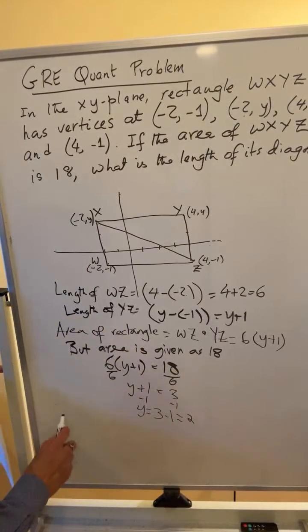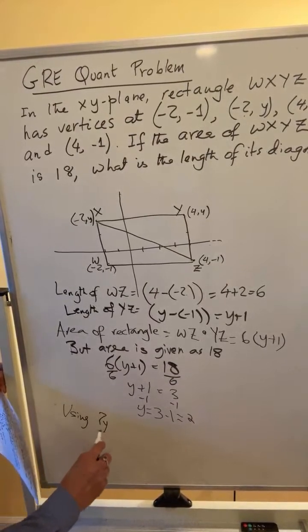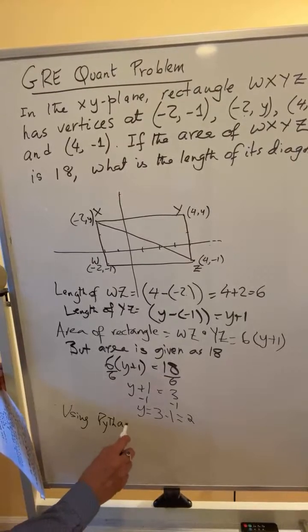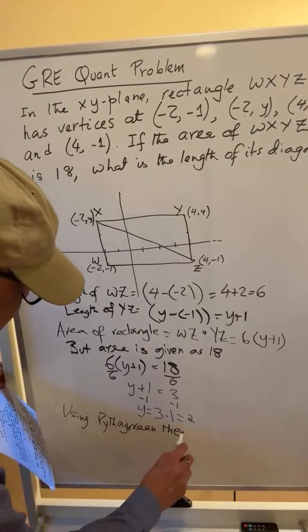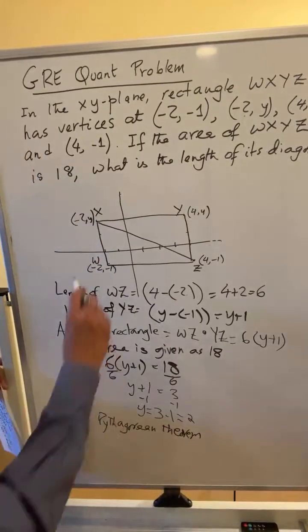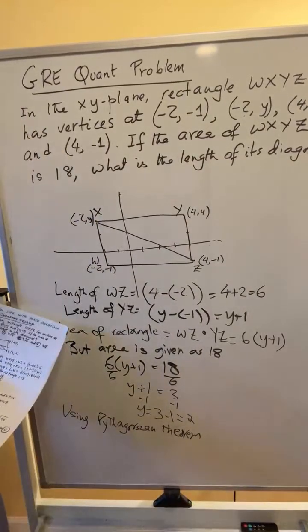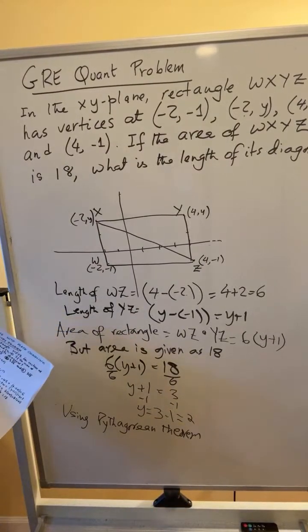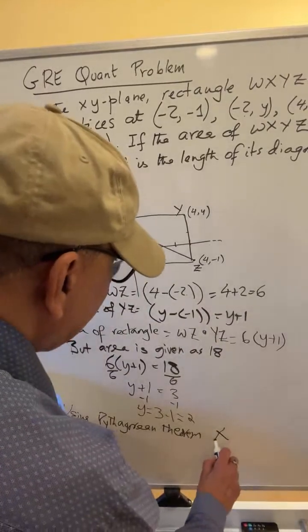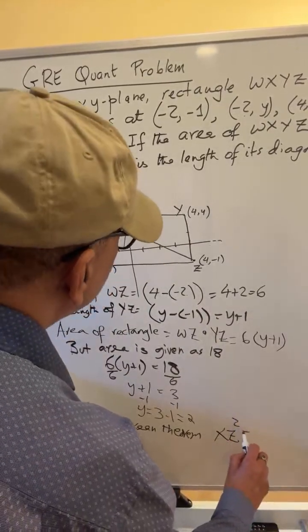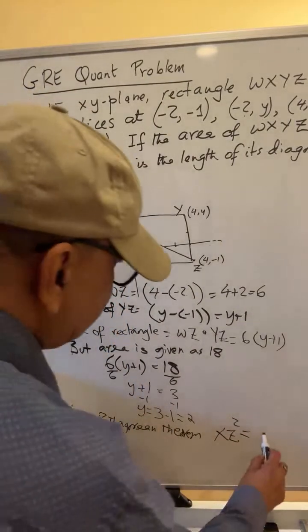Now, using the Pythagorean theorem, XZ square is equal to XW square plus WZ square.